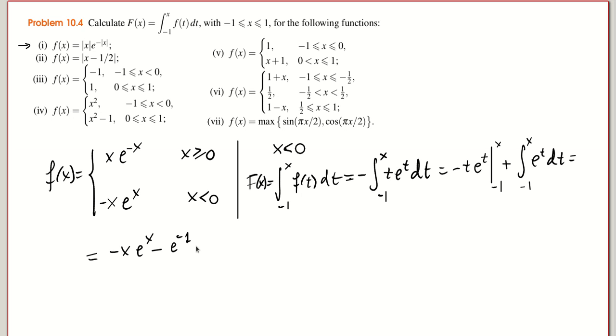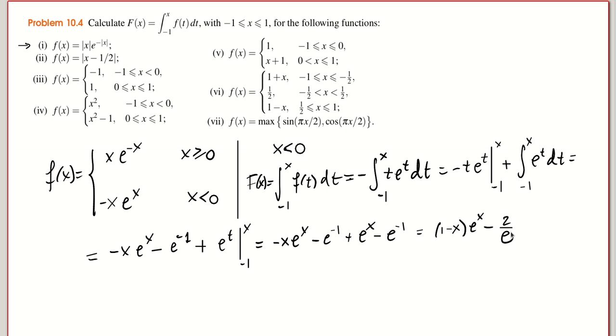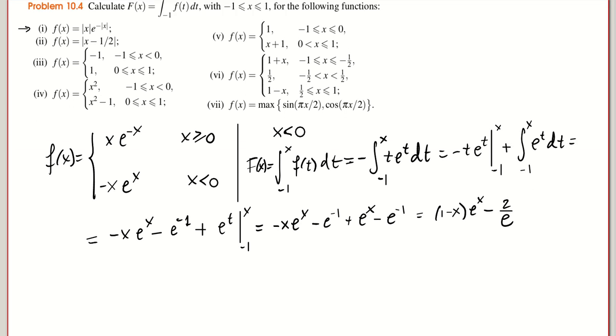Then we have to add the primitive of this, which is e^t, evaluated between -1 and x, and that is minus x e^x minus e^-1 plus e^x minus e^-1. So we have (1 minus x) times e^x minus 2 over e, 2 times e^-1. So this is the primitive as long as x is smaller than 0.